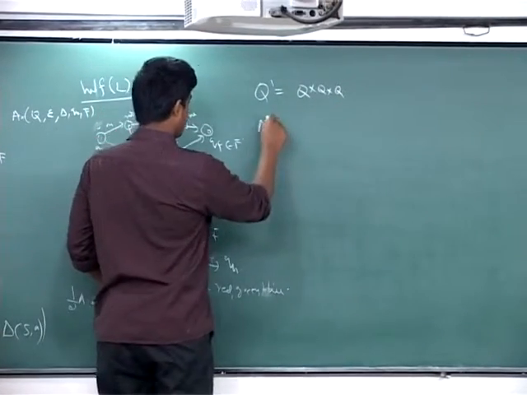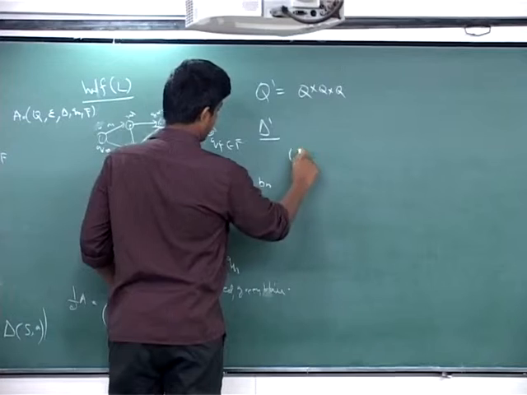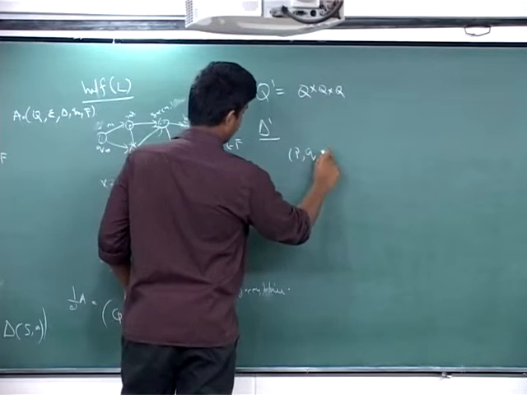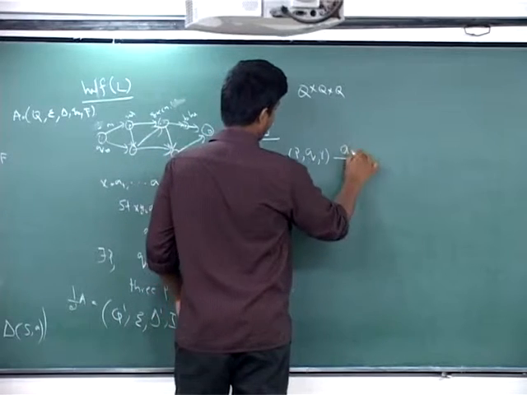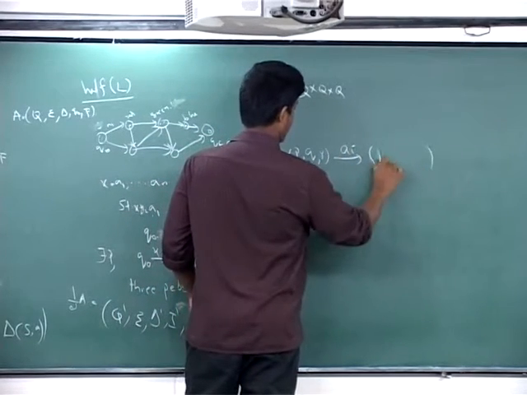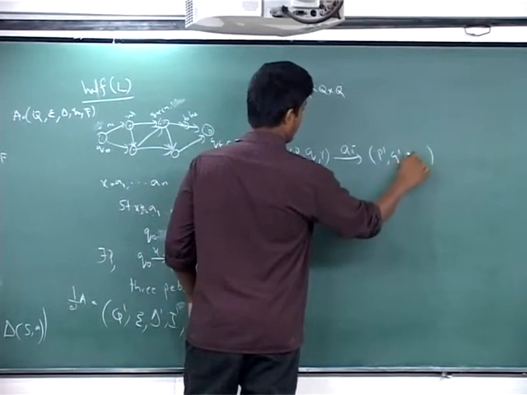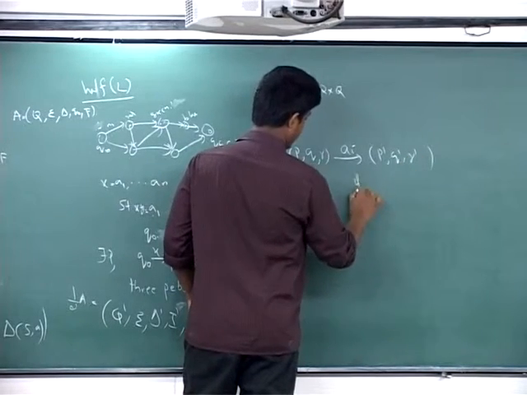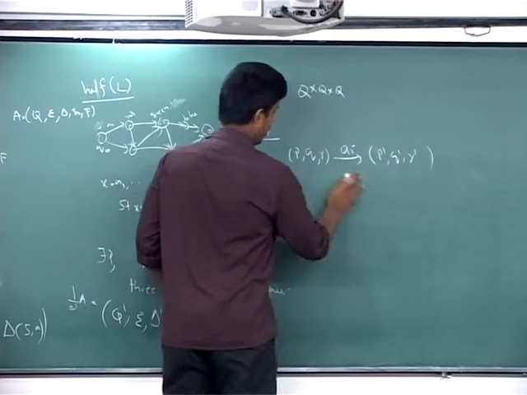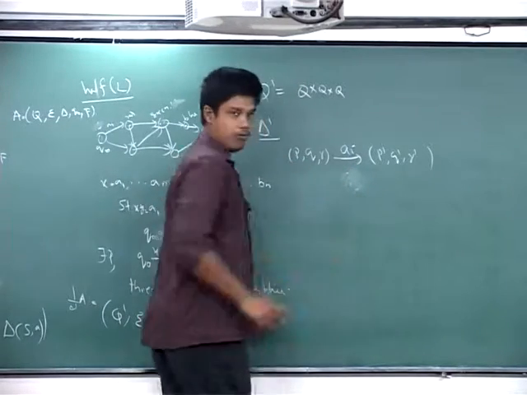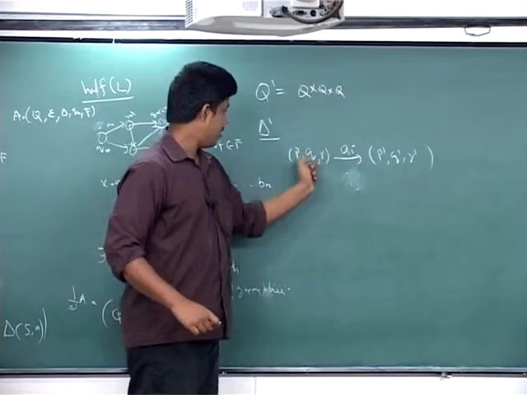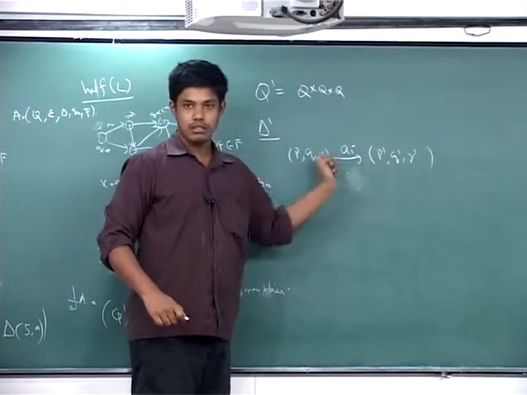What are the transitions? Delta prime. So P, Q, R on some A_i goes to some P prime, Q prime, R prime. What are the relationships between these things?